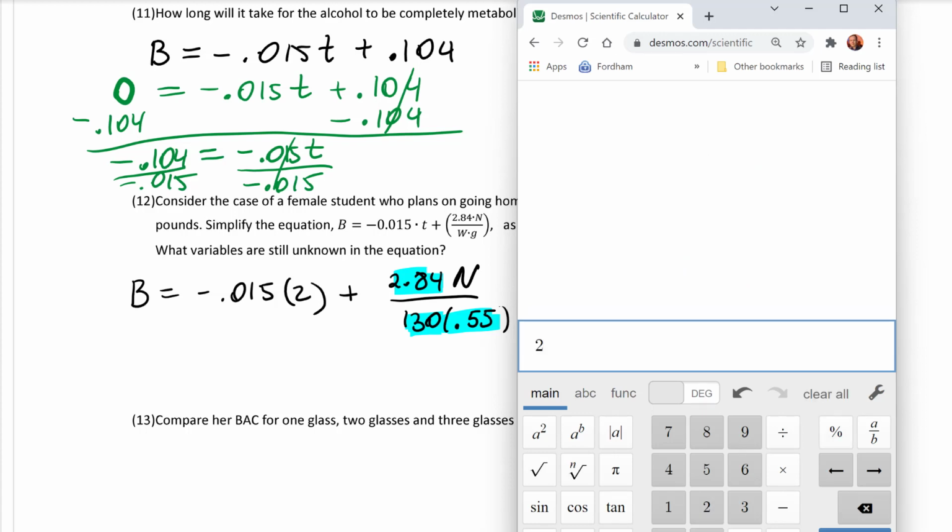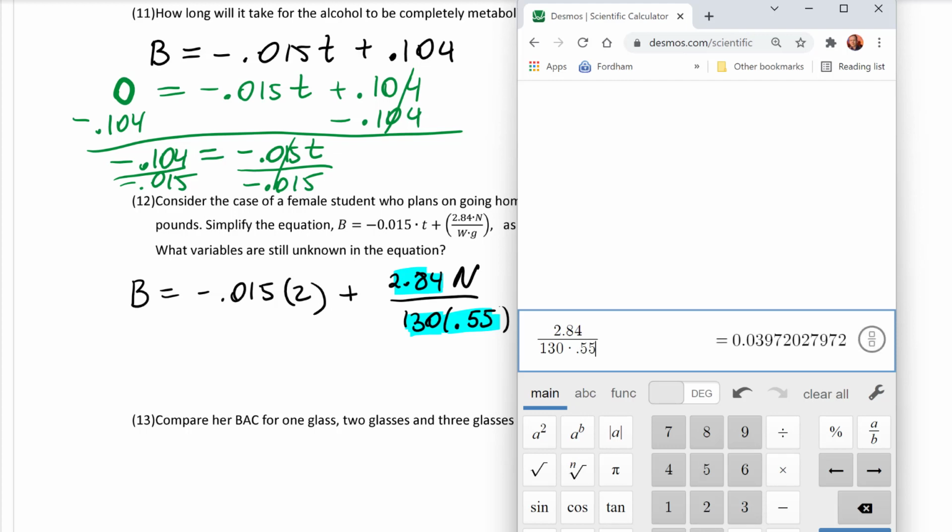We can't put the n. We don't know what the n is, but we can put it aside. So check this out. I'm going to put it exactly like this. So it's a fraction. 2.84 is in the numerator. And then 130 times 0.55 is in the denominator, correct? So then we're going to put that like that, and I'll round it to 0.040.